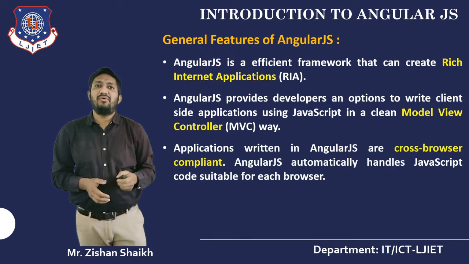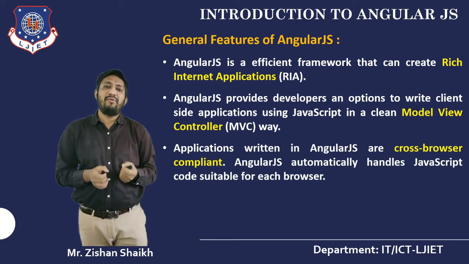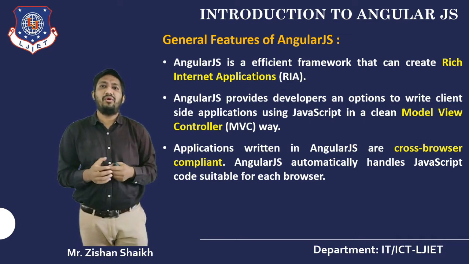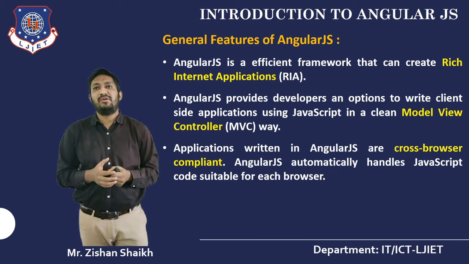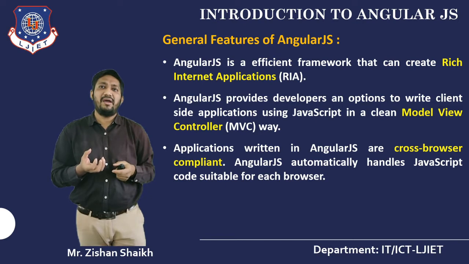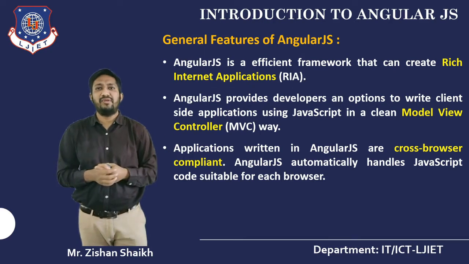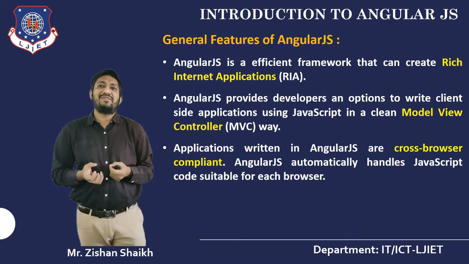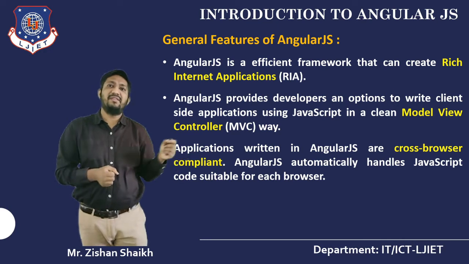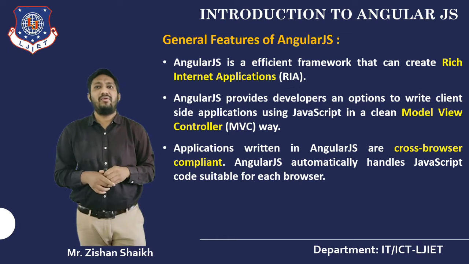Now next is cross browser compatibility. When you develop your application, that application can run on different browsers. When you are learning JS, the basic idea is that if the browser is compatible with JS, then our code can run on that web browser. The same way, if your browser supports this type of functionality, then a number of browsers available in the market support our AngularJS.